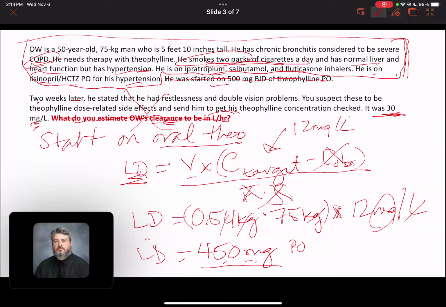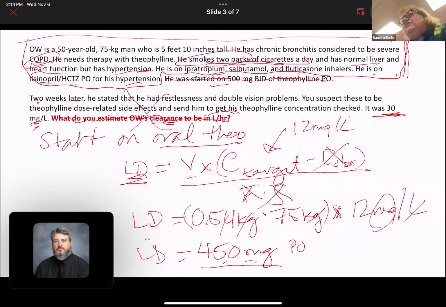So, Dr. Earle, on this question, if we were doing that 450 milligrams PO, would we want to split it up into multiple doses, or probably extended release? In real life, you're probably gonna do that, maybe give a 250 and 200, 12 hours apart or something like that. But you can't really have a patient do that at home, which you wouldn't anyway, so I think that's fine.